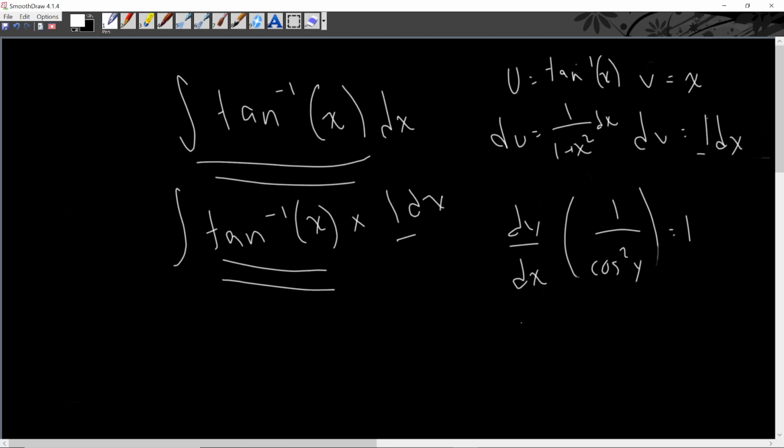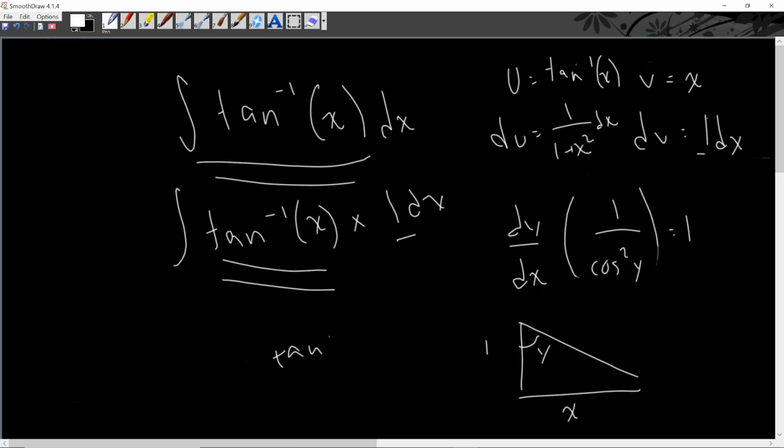We can write this as a triangle. If we have y as our angle, then tangent of y has to be x over 1, right? Because I've been using inverse of tangent, so I'm going to continue using inverse of tangent.